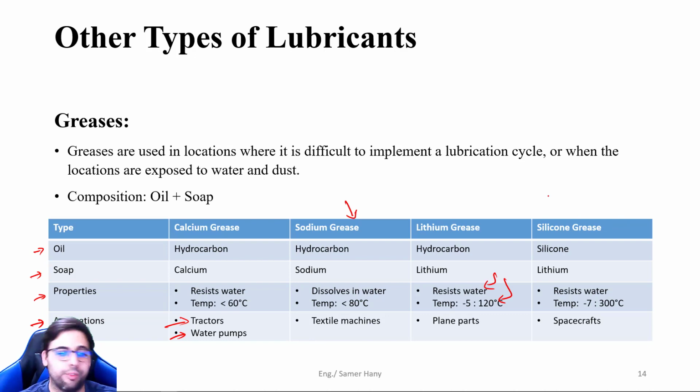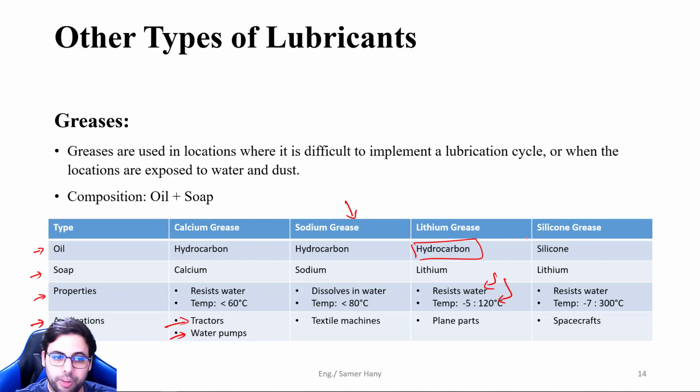If we need some application where there is higher temperature than that, then this hydrocarbon oil will not function properly. Up till now, we've been changing the soap part of the grease: calcium, sodium, lithium. Here, the lithium is totally fine to go up in the operating temperature, but the hydrocarbon oil will not be optimum for those temperature ranges.